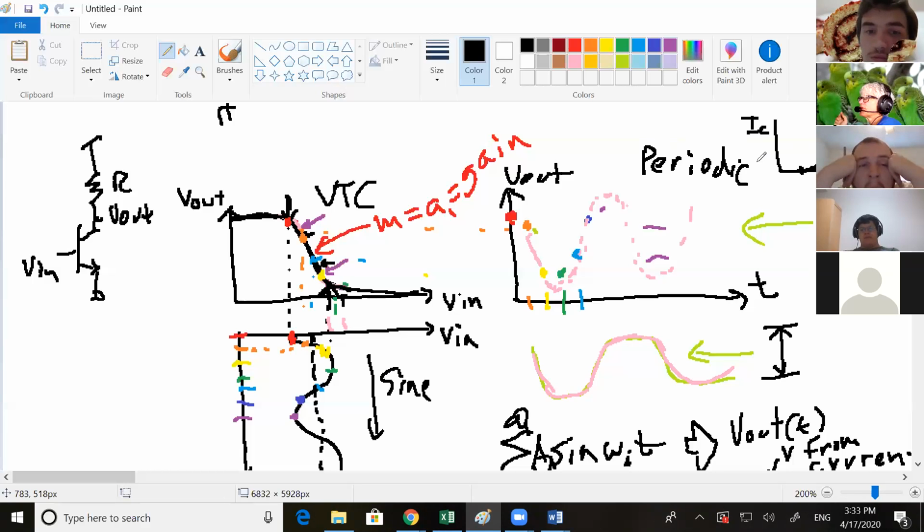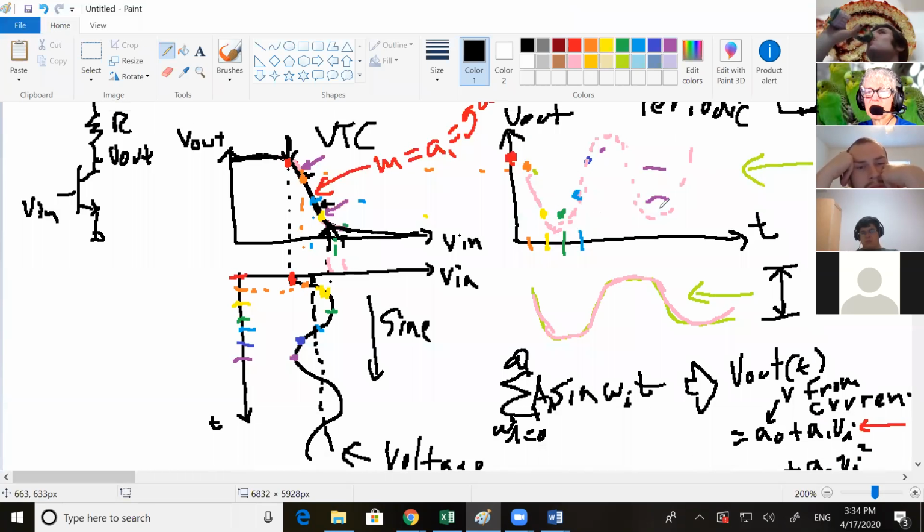And do you remember from 228 that any periodic signal can be represented by some sine waves? How many sine waves? In general, an infinite number of them.